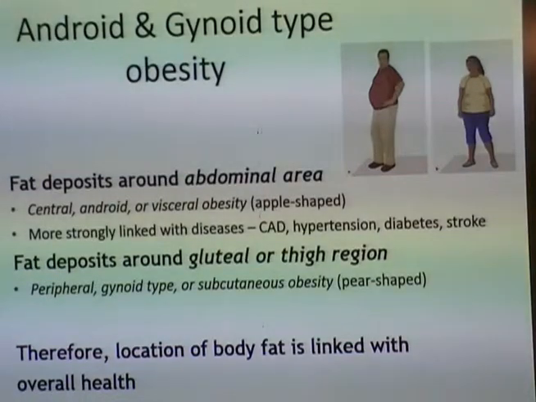But if I measure waist and I measure hip and I calculate that ratio, greater than 0.95 for a man, sorry, and greater than 0.8 for a woman, leads to increased risk for cardiovascular disease and sudden death.